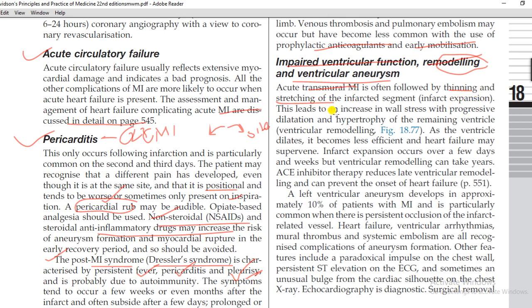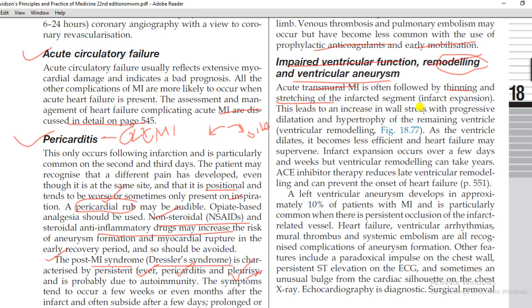This leads to an increase in wall stress with progressive dilation and hypertrophy of the remaining ventricle. Since there is thinning and stretching of the infarcted segment, there would be more stress and more stretching in the wall of the ventricle, with progressive dilation and hypertrophy.